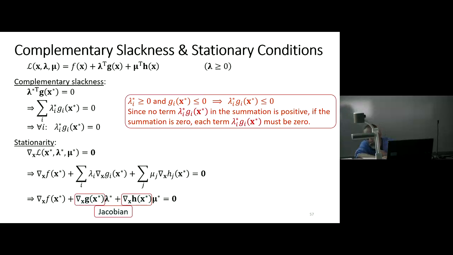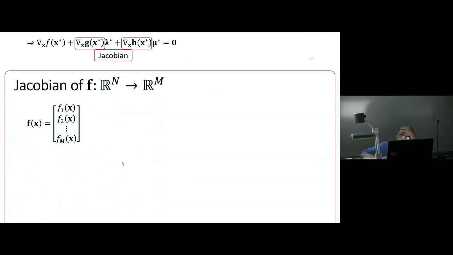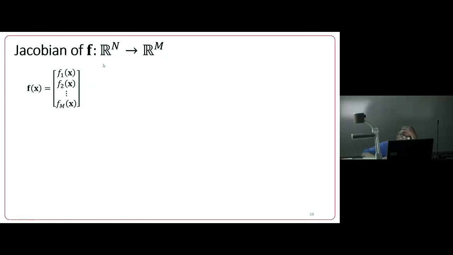their derivatives are matrices, the Jacobian matrices. Now let's briefly divert our attention to see why this is happening. The derivative of something like this becomes this. So this is the Jacobian. We'll define the Jacobian. So this is an m-dimensional function.